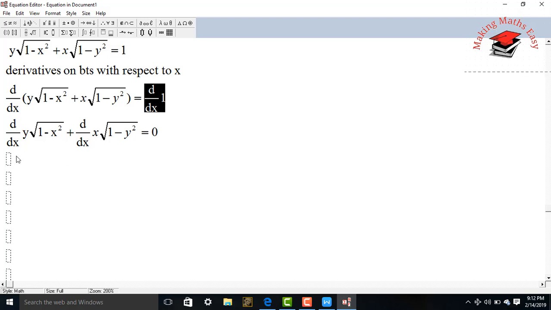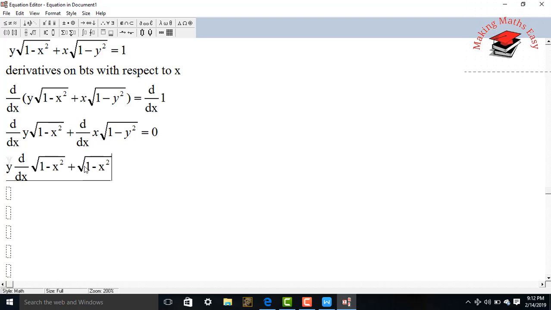So now let's differentiate using the UV rule: u into the derivative of v plus v into the derivative of u. Let us consider y as v and the square root of 1 minus x square as u.